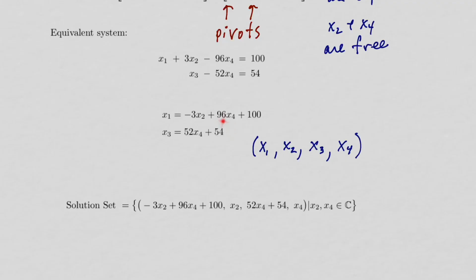And then x3 is going to be this expression, and then x4 is itself, such that x2 and x4 are in C. Notice we only refer to the free variables here. They can be any numbers in C, but then x1 and x3 are set. Once you pick x2 and x4, well, that determines x1 and x3. So there's our solution set.